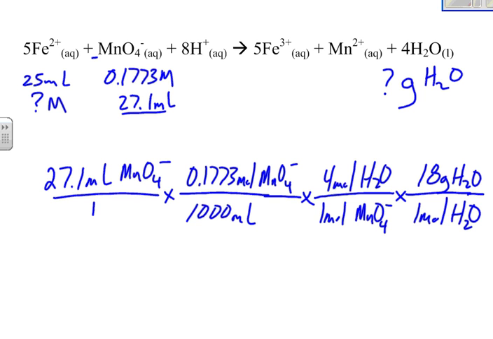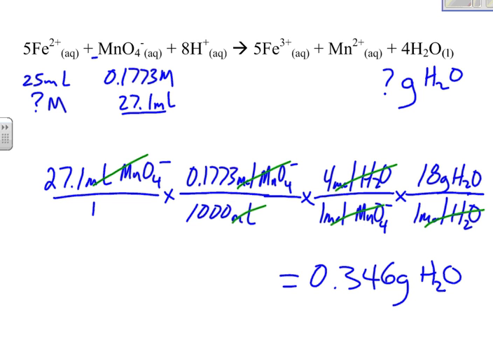And when we do our math here, we should probably cancel out the units just to make sure everything works out. So moles of permanganate, moles of water, grams of water left over. And if we do our math, we get 0.346 grams of water as being the amount produced.